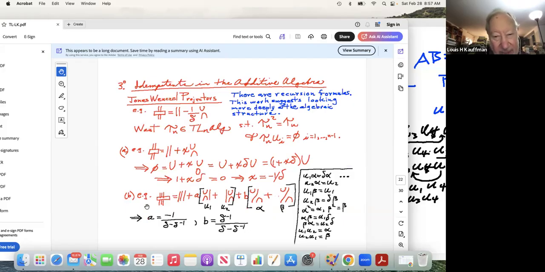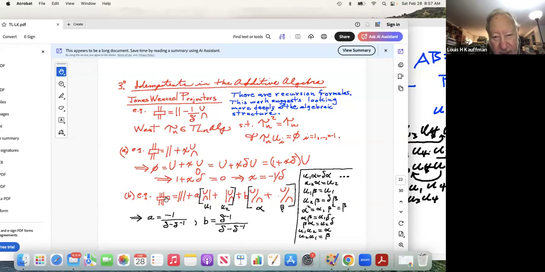Now, as Vasily was asking a moment ago, we're familiar with projectors and idempotents also that are written in the additive algebra, and they're important for topology. And these Jones-Wenzl projectors, for example, are linear combinations of all of the different elements of the Temperley-Lieb algebra at that level.